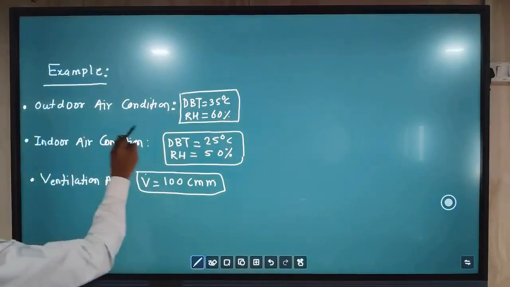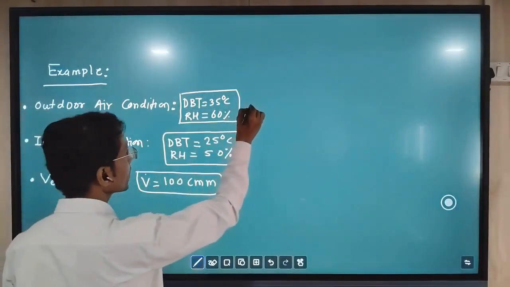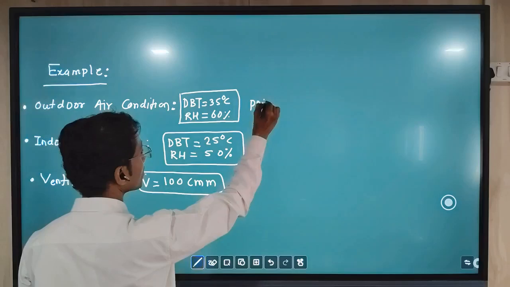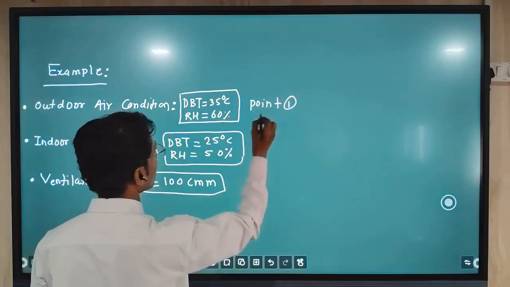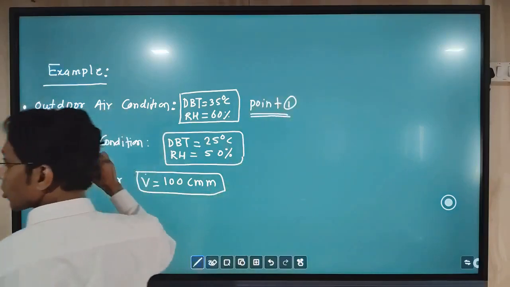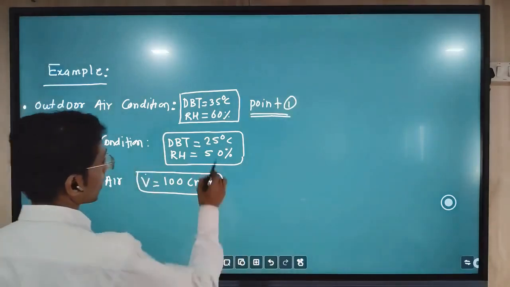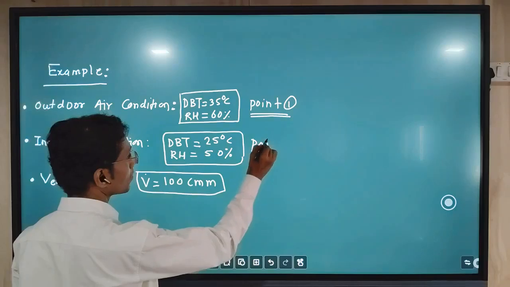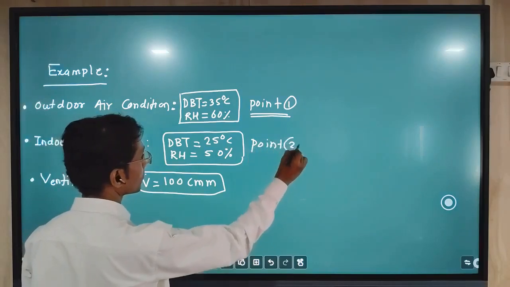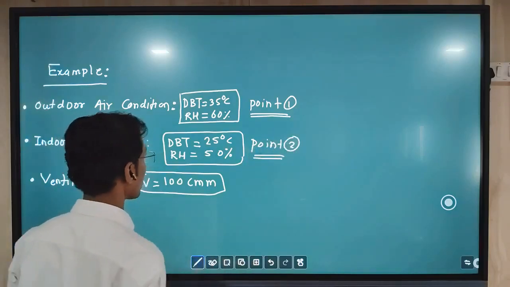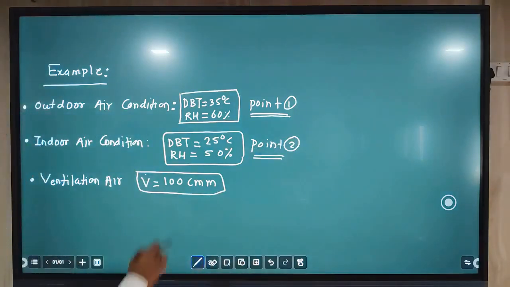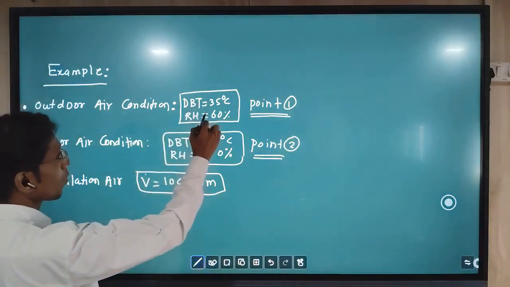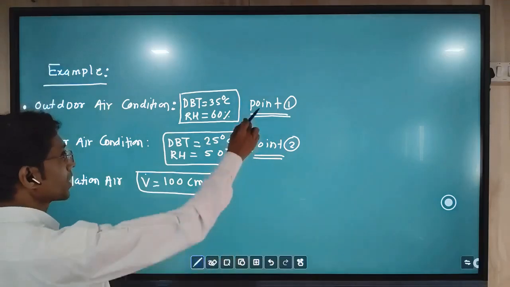The condition of outdoor air we can locate by point 1, and the condition of indoor air we can locate by point 2 on the psychrometric chart. A combination of any two properties is required to locate a point.